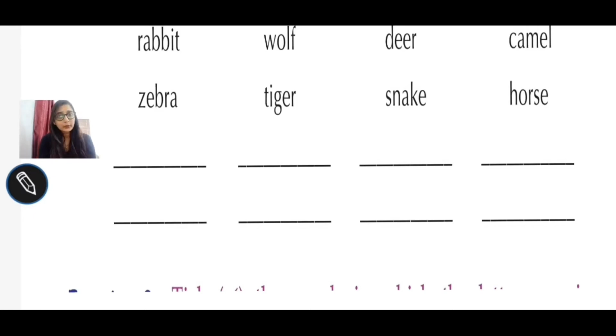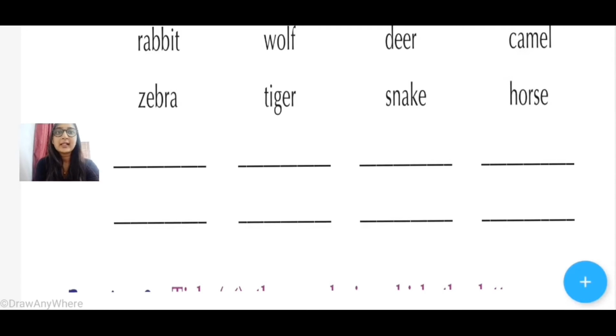In order to put these names in alphabetical order, we will look at their first letter. So, we will see R in rabbit, W in wolf, D in deer, C in camel, Z in zebra, T in tiger, S in snake, and H in horse.